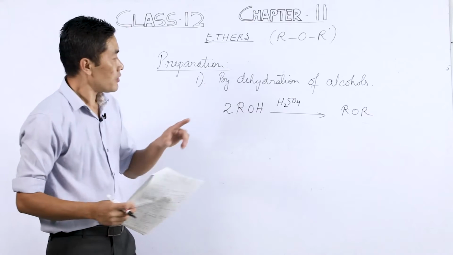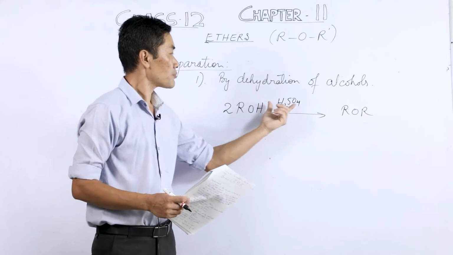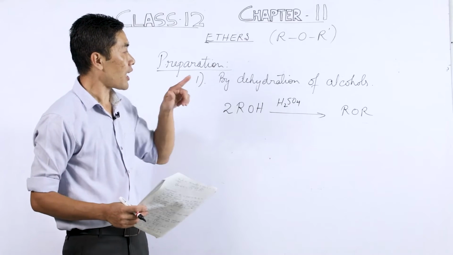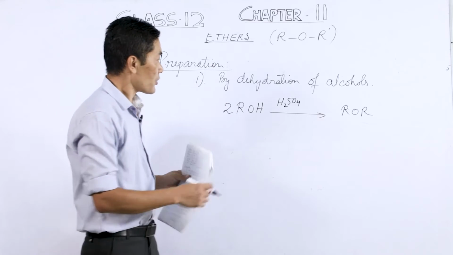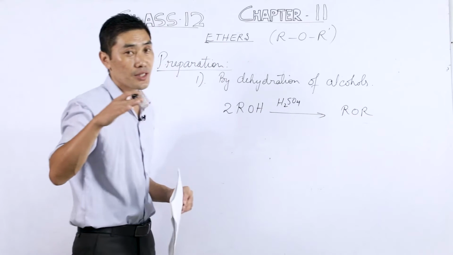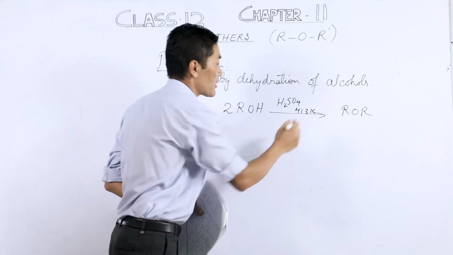Now remember, when alcohols are dehydrated in the presence of these protic acids, we have seen that alkenes can also be formed. We have seen the mechanism also. So to obtain ethers, the temperature should be lower. This should be maintained at around 413 Kelvin.